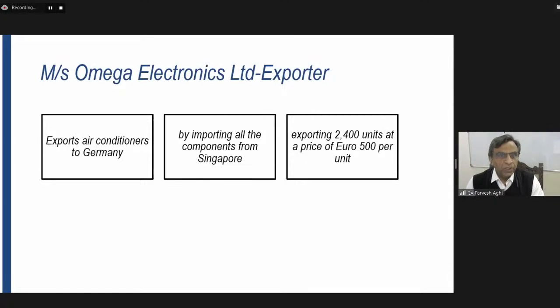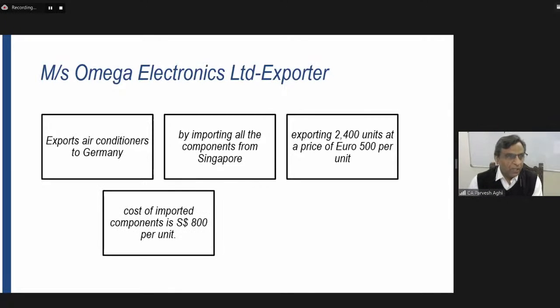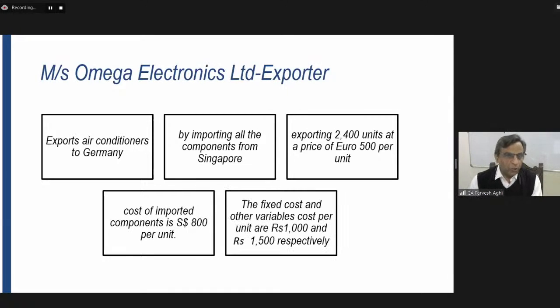How much does he export? 2,400 units at a price of euro 500 per unit. And the cost of imported component is how much? Singapore $800 per unit. The fixed cost and the variable cost is in rupee terms. So the fixed cost and other variable cost are 1,000 and 1,500.